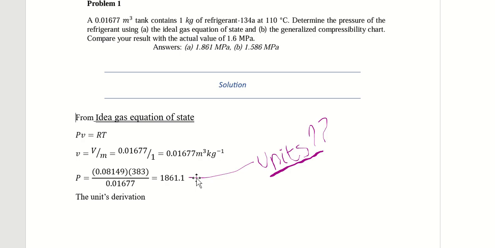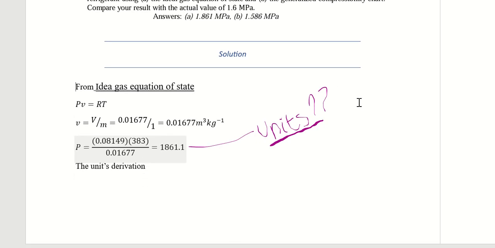Because we're dividing meters cubed per kilogram with kelvins and the gas constant. How are we getting there really? You might not need to derive the units in an exam, but you have to know where they come from. So I'm going to help you through that. That's why I put units and I put a question mark.